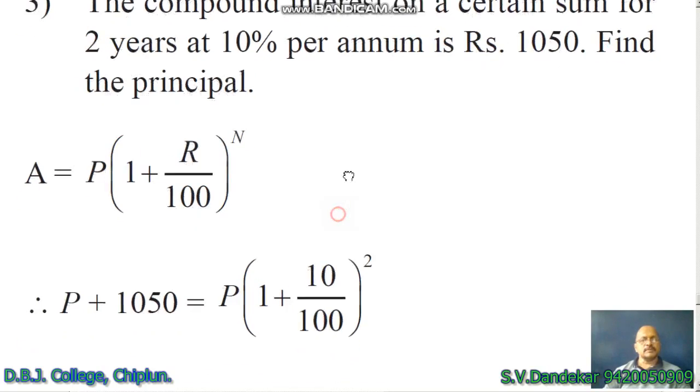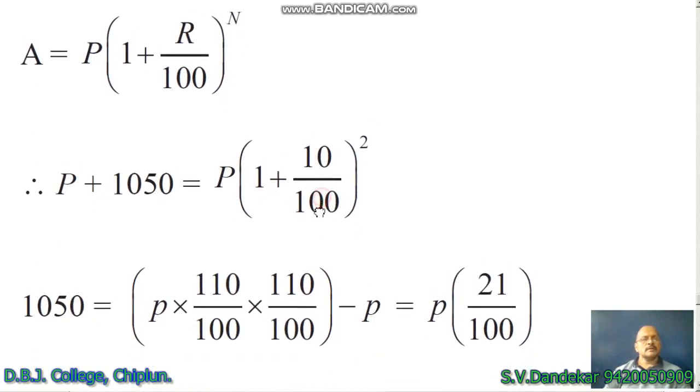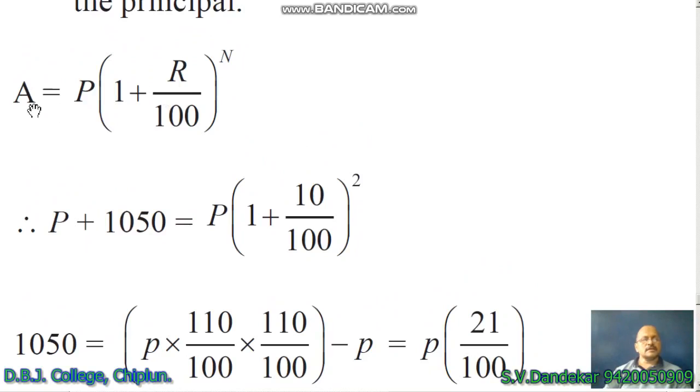The third problem, compound interest on a certain sum for 2 years at 10% per annum is 1,050. Find the principal. A equal to P into 1 plus R by 100. Here R is 10, so it is 110 upon 100 square. Now amount is nothing but principal plus interest.